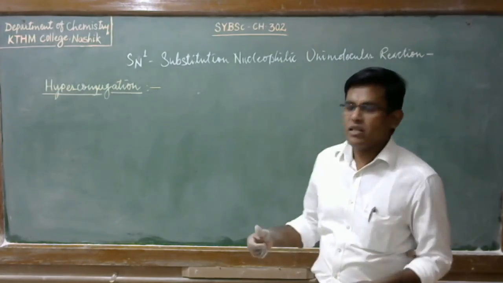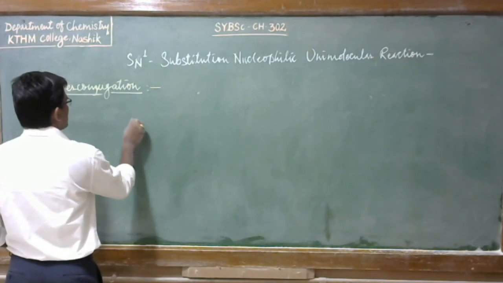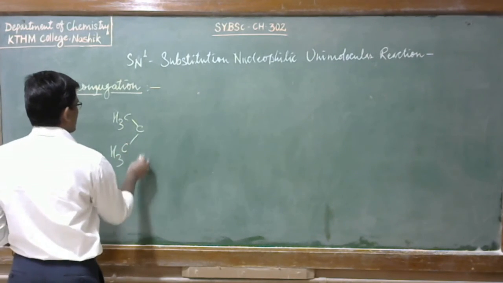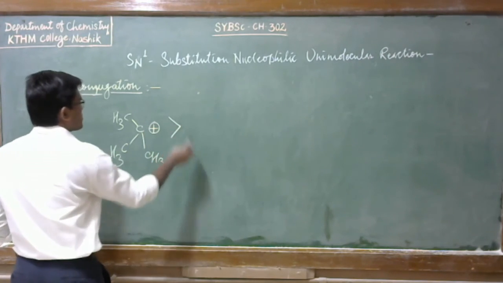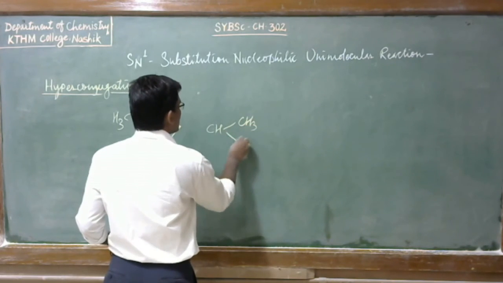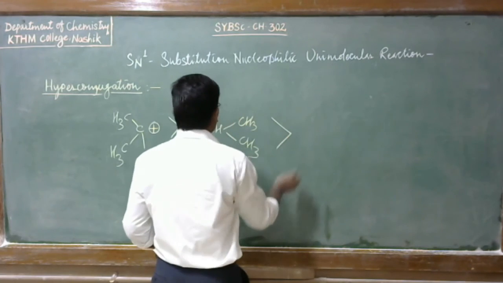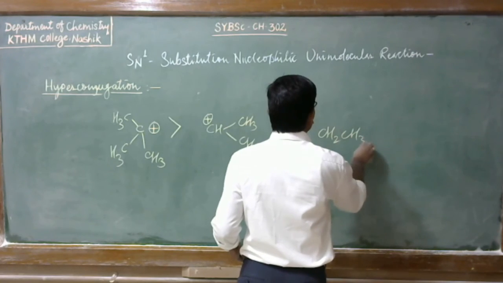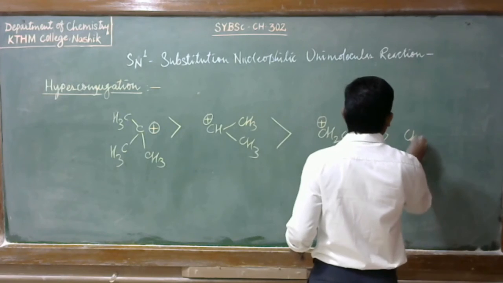So the stability order will decrease. So this will be more stable than this isopropyl, which in turn is more stable than this, and this will be the least stable.